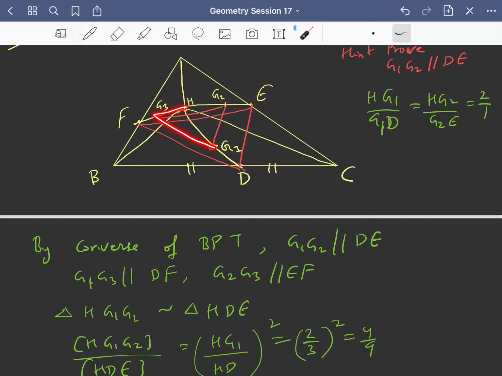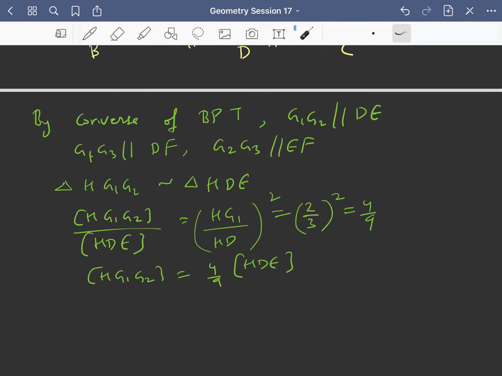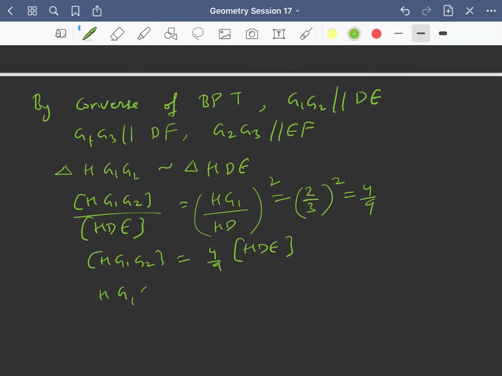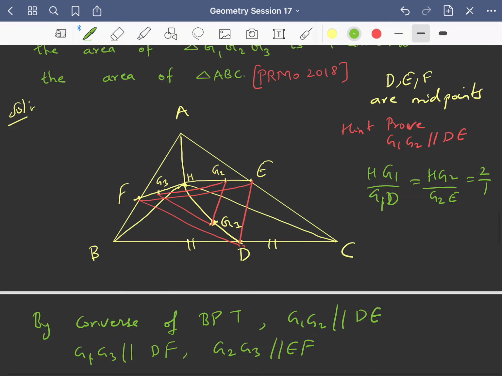In a similar way, area of HG1G3 is 4 by 9 area of HFD. Also in a similar way, area of HG3G2 is 4 by 9 area of HFE.